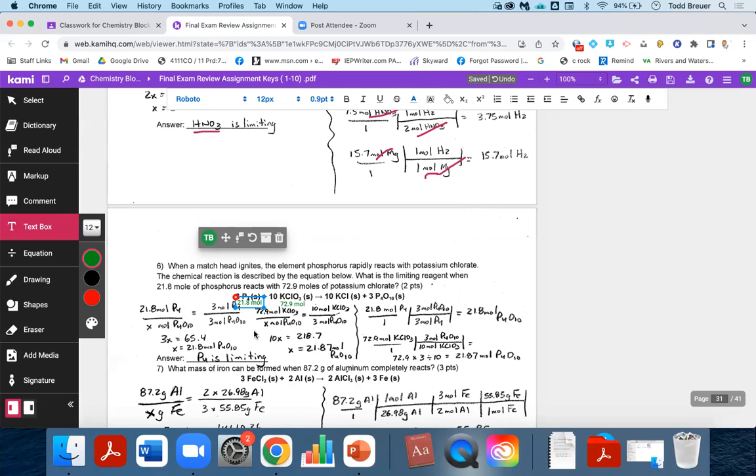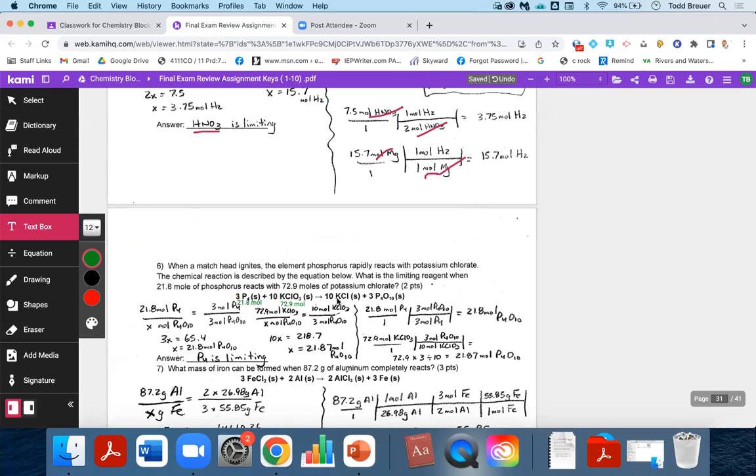And the way we determine which one runs out is we pick one of the products on the right and we make a product amount from each reactant. So here we started with P4, phosphorus, and we said, okay, let's make the amount of P4O10 that this could make in moles. So we set up the given over the desired, X mole of P4O10.